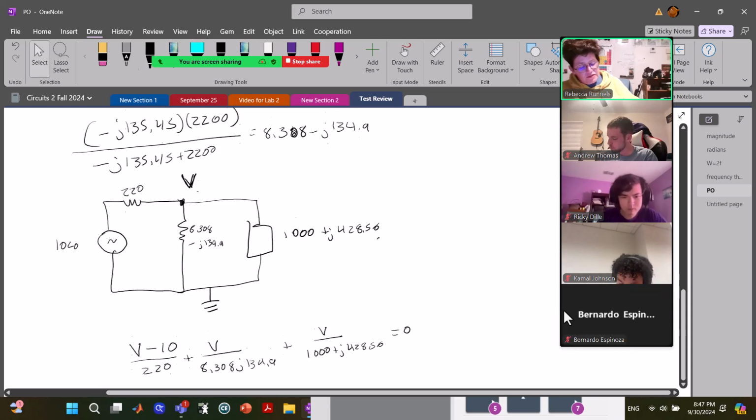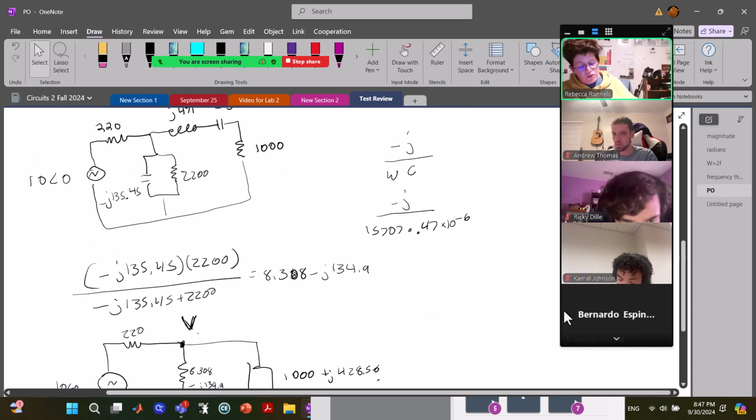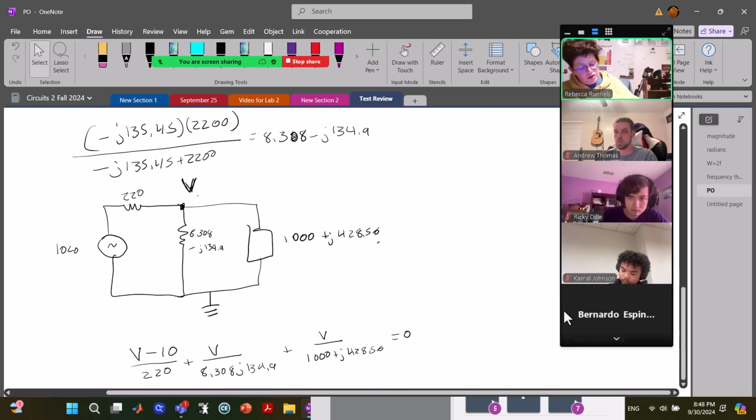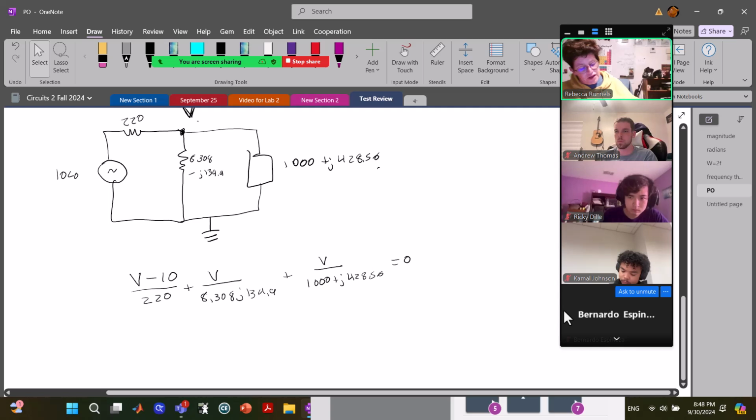And that V is not the V I want, it's the V from here to here. So it's not just the voltage across the 1000 ohm resistor, but it's well on my way to that.